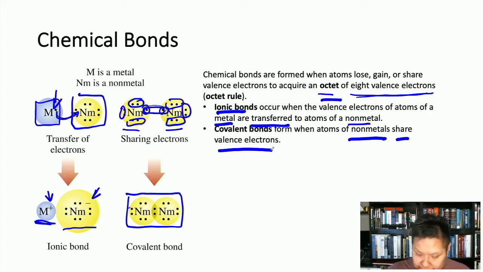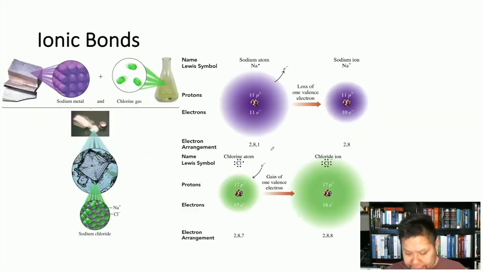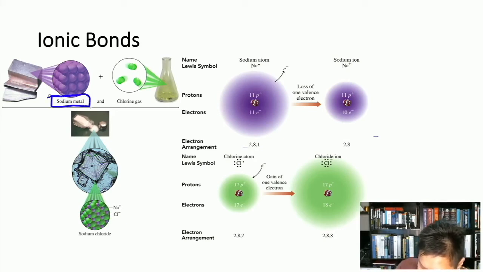All right, so let's take a deeper dive into ionic bonds. Let's use sodium as an example. Here we have sodium metal. If you recall what I said before, sodium is an alkali metal, and it has an ionization energy that makes it very conducive to being reactive with water vapor.